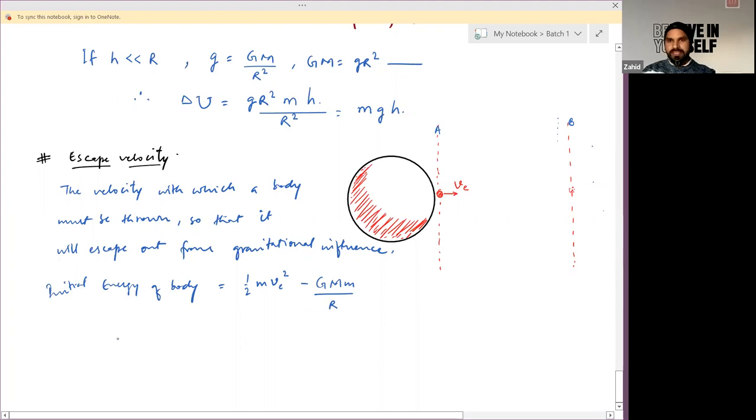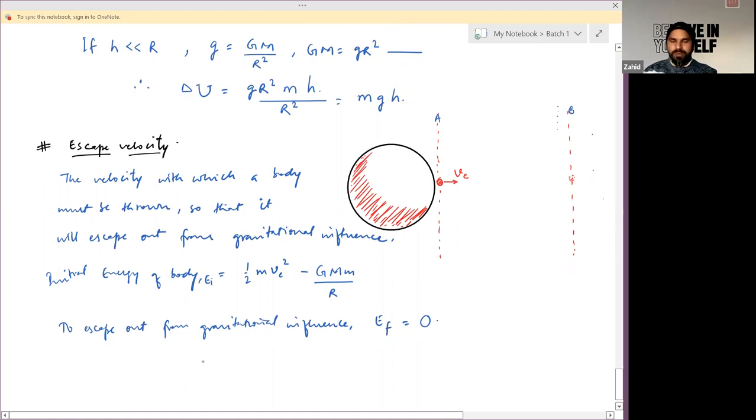To escape out from the gravitational influence, the final energy of this particular object should be 0. Now just equate these two terms and try to find velocity VE.